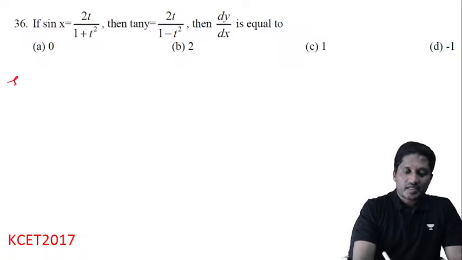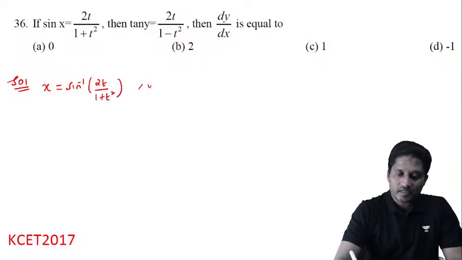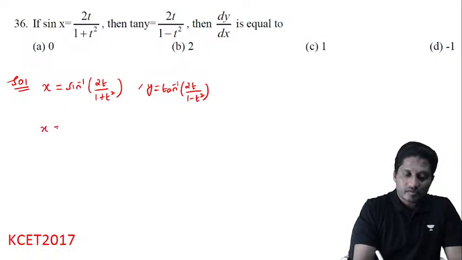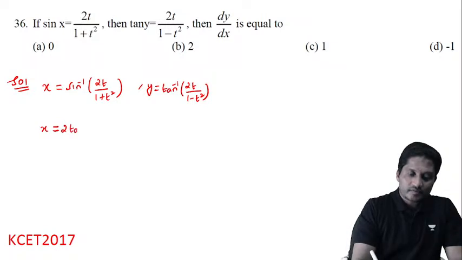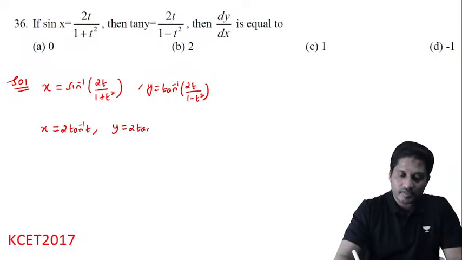So don't differentiate directly. From this, x is equal to sine inverse of 2t upon 1 plus t square, which is 2 tan inverse of t. And y is equal to tan inverse of 2t upon 1 minus t square, which is again 2 tan inverse of t.